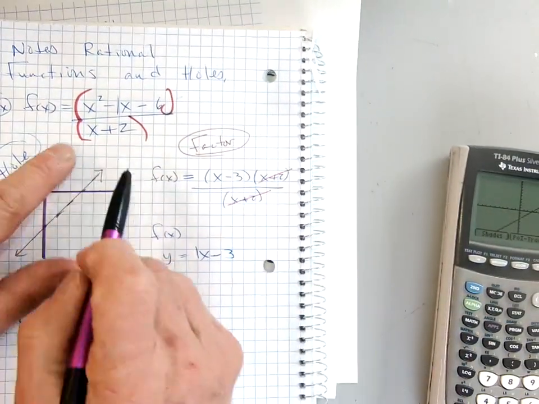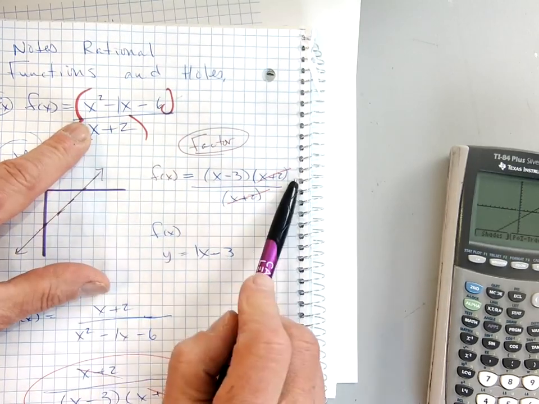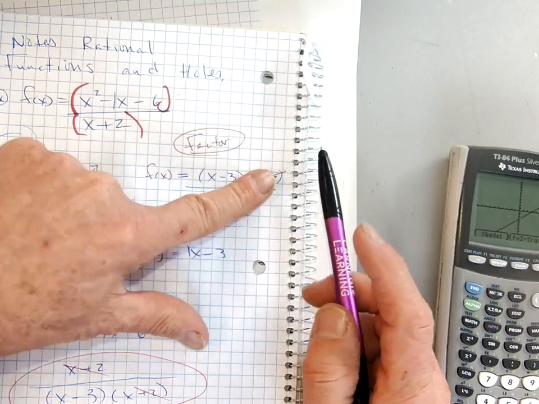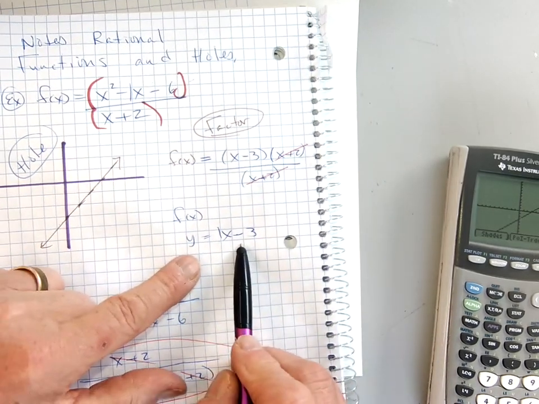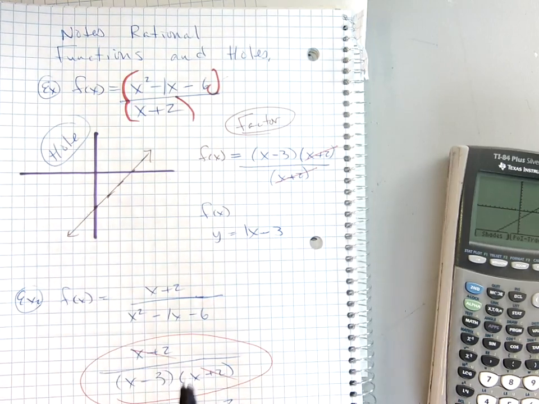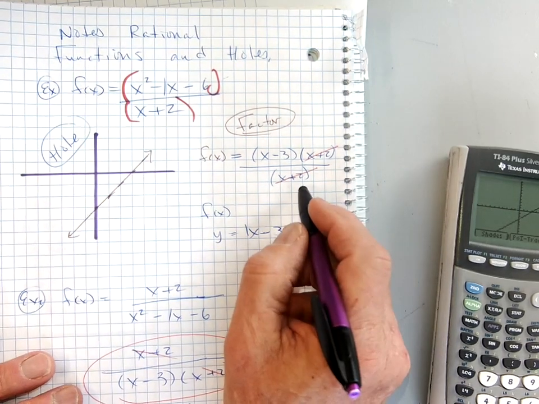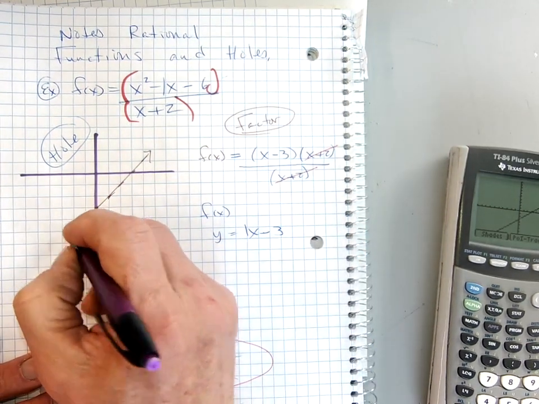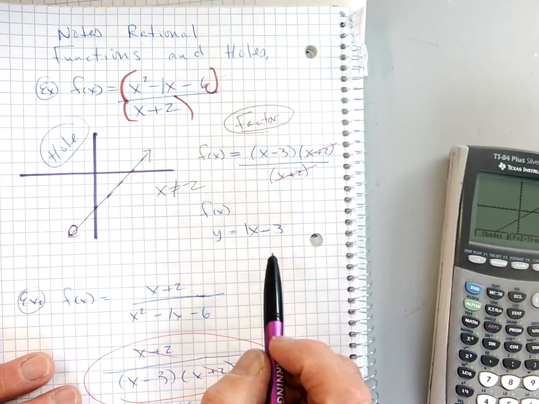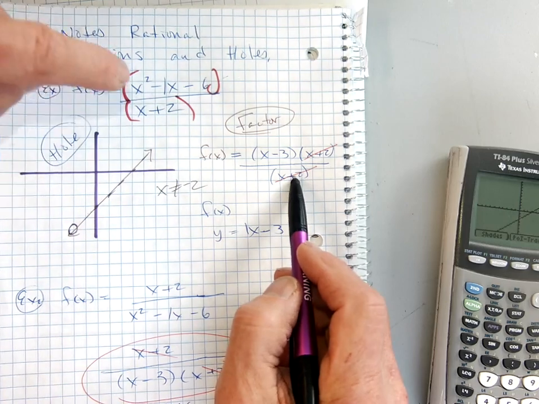If you factor again, x minus 3, x plus 2, then what happens is the x plus 2's cancel, and all you're left with is this, y equals x minus 3. Well, we can graph that, start at -3, up 1 over 1. But there's got to be a discontinuity at -2. We know x cannot equal -2, even though it cancels out, the original function has it.